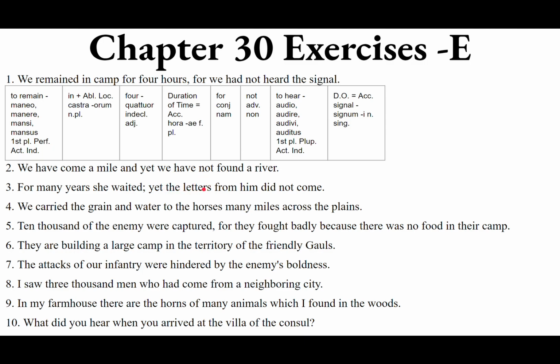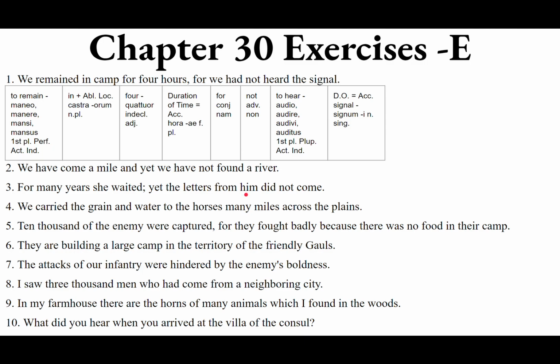Epistulae tamen, from him. We want ab plus the ablative of separation. From him. We really don't know about his location, where he is. I mean, he could be far away. That would be the ablative of ille, illa, illud. It's masculine too. It's a him.